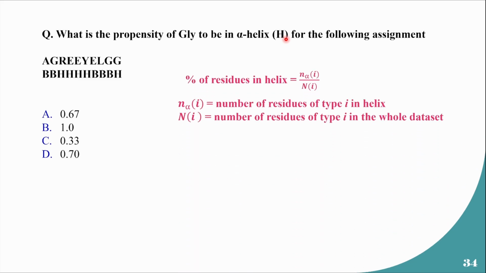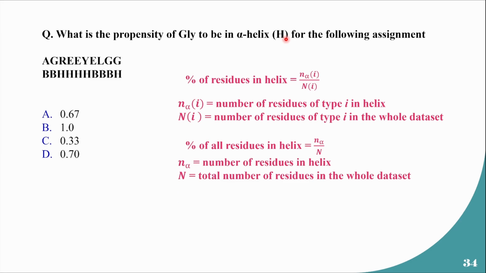Here, basically, you need to calculate the percentage of a certain type of residue. So for residue i in helix, you have to calculate n alpha i divided by n i, where n alpha i is the number of type i residues present in helix, and n i is all of the type i residues present in the whole data set.